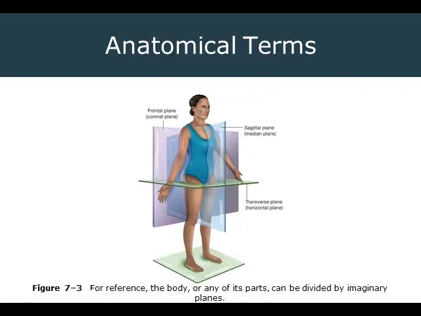We have sagittal planes, and sagittal planes divide the body into right and left sections. We may have the mid-sagittal plane. The mid-sagittal plane is perfectly down the middle, right down the midline. It cuts the body in almost perfect right and left halves. And then we may also have a transverse plane, or the horizontal plane, that cuts you into tops and bottoms.